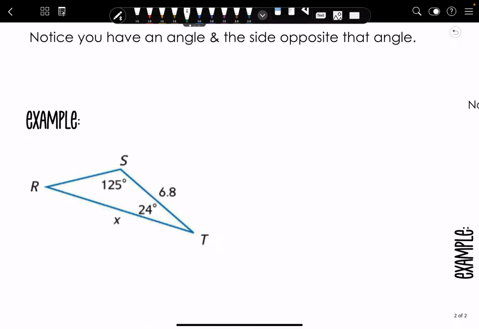So here's the example that we have. We have triangle RST. I like to color code it just so I remember which ones are my opposites and which ones are those side lengths. Sometimes you're not going to be given everything to finish out your extended proportion, and that's okay. When we're highlighting these angles, what we're really talking about is the angle measure.